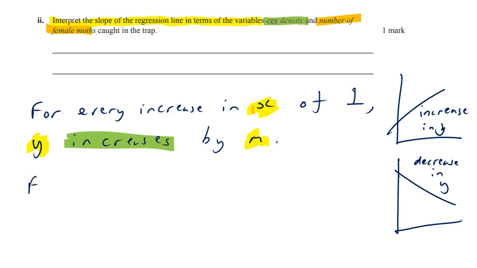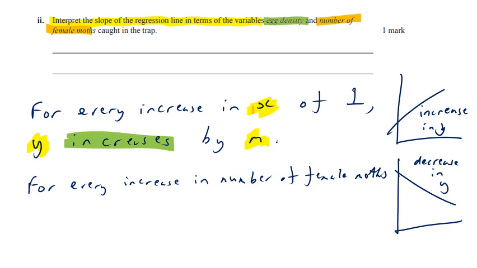So for every increase in x, which is number of female moths, of 1. Now that's an important point.